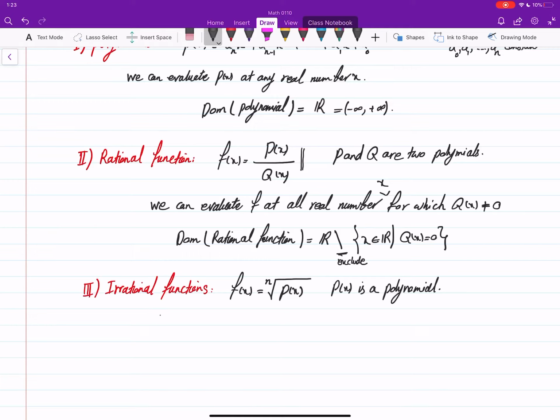For n even, just the square root itself, or fourth root, sixth root, we cannot put negative numbers under the square root. The nth root of a negative number is not defined.